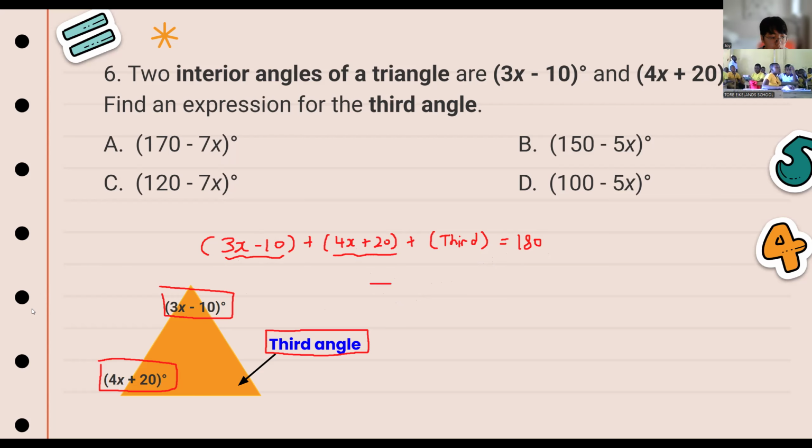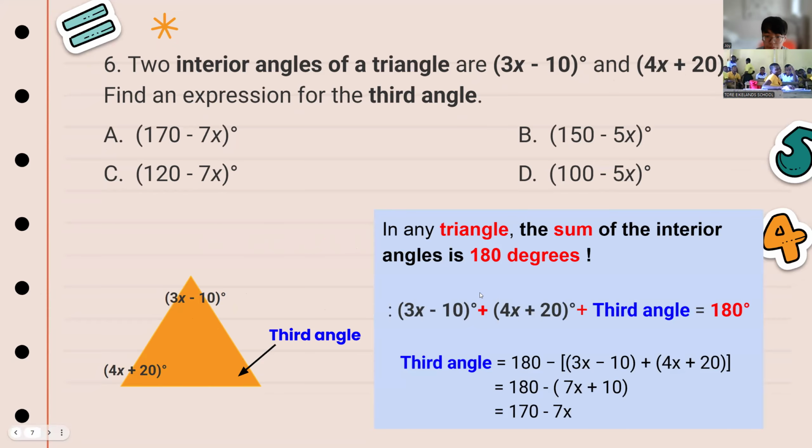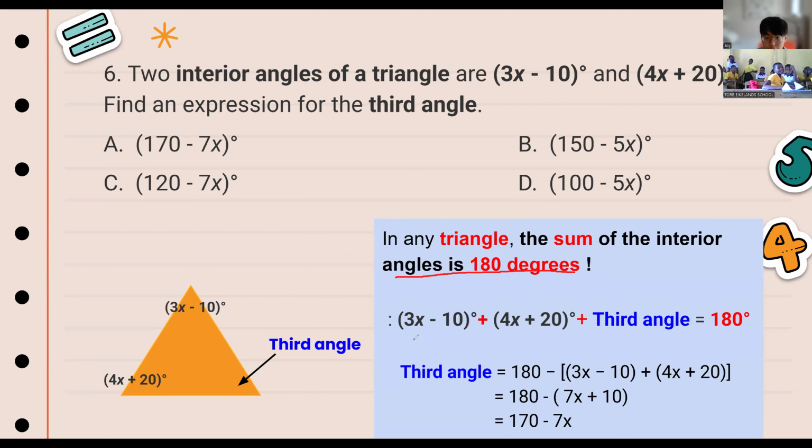Okay, so the steps are written down here. The sum of interior angles is 180 degrees. So summing them, like I've set up, equals 180. If you subtract the first and the second angle from both sides, then we get 180 minus (3x minus 10 plus 4x plus 20).